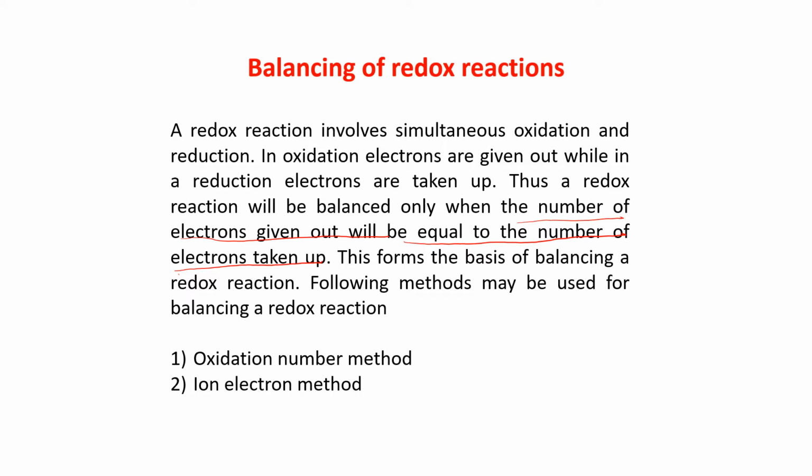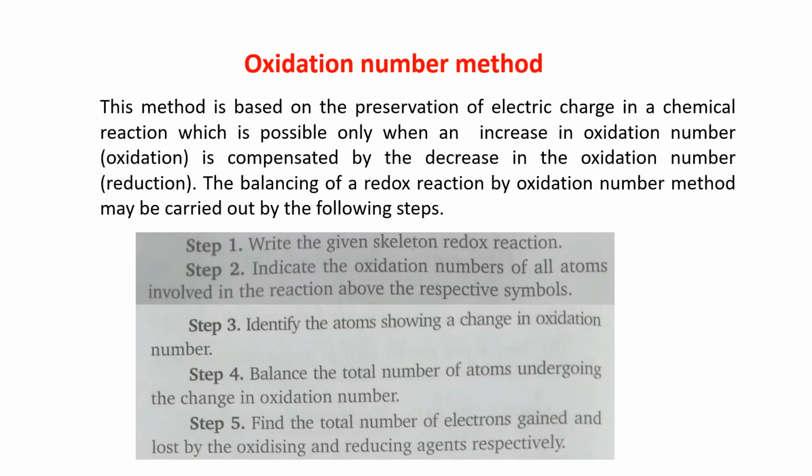As I told you, the following methods may be used for balancing a redox reaction. One is the oxidation number method and number 2 is the ion electron method. Balancing redox reaction by oxidation number method.